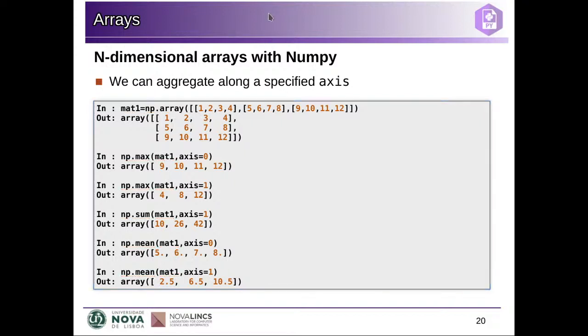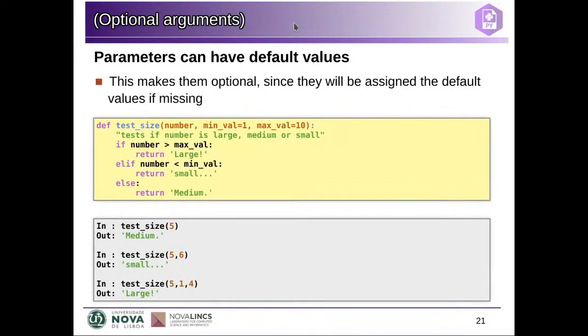Okay, so here we are seeing something that is new, which is we are providing values for a parameter by indicating the name of the parameter and the value we want to assign to it. This is one way you can provide values for the parameters of your functions, and it's especially useful if you have parameters with default values.